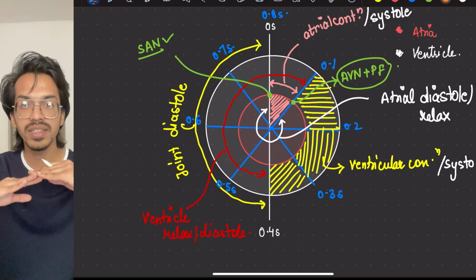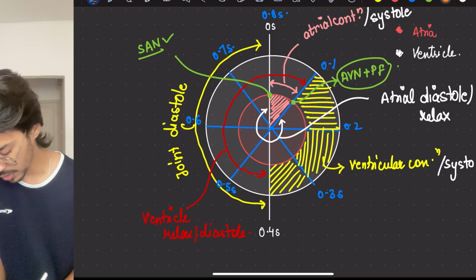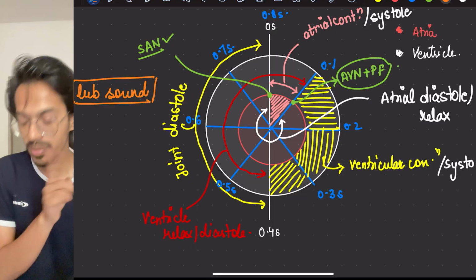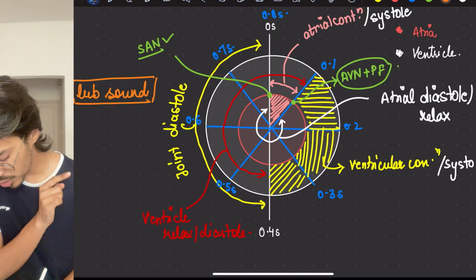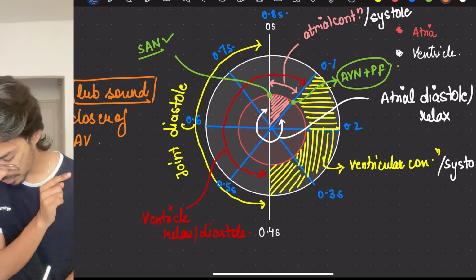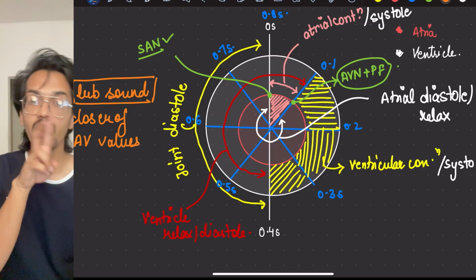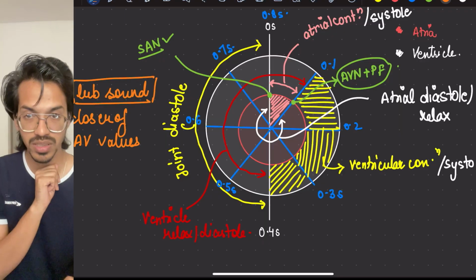As they close, it will produce the first sound, known as the lub sound. This lub sound is produced by the closure of the atrioventricular valves, the mitral valve and the tricuspid valve.